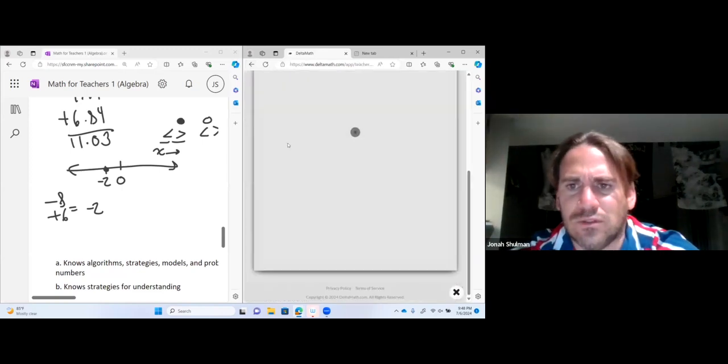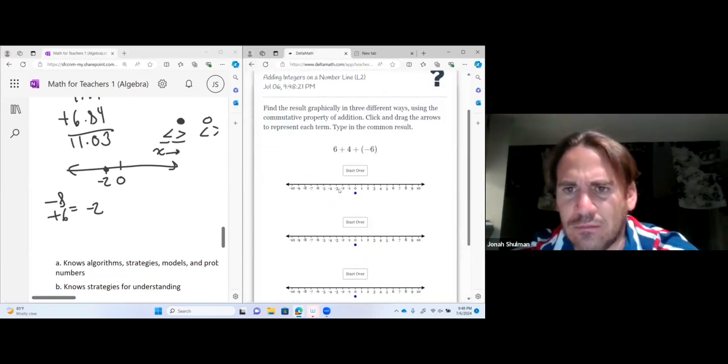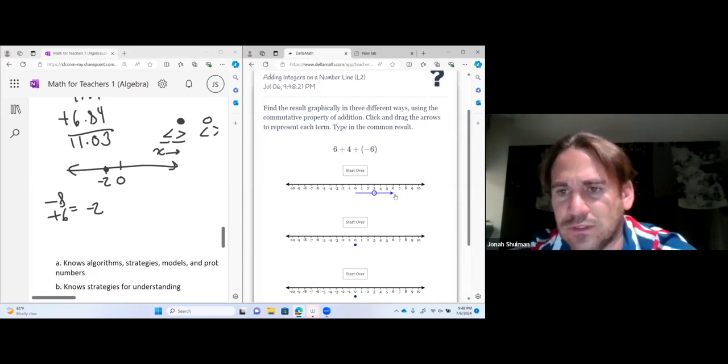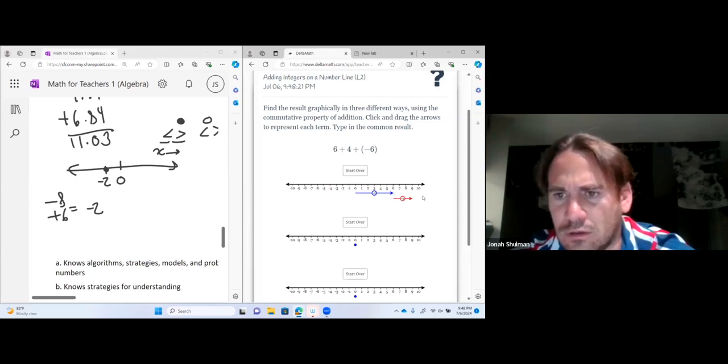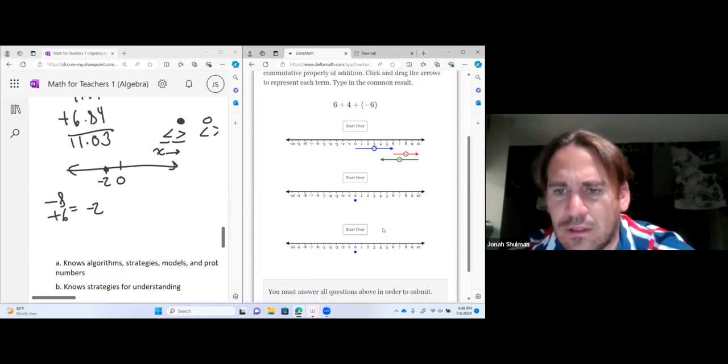All right, so let's do a harder one. Here's a level 2 problem. So 6 plus 4, and then we're adding a -6. So ready? Here's a +6. And then we have to go +4. So we're at 10, and then we have to go 6 back. Ta-da!